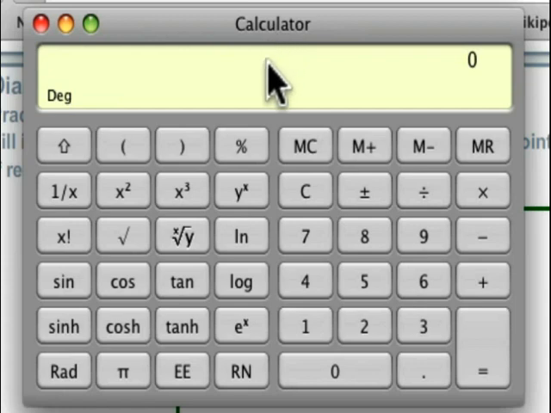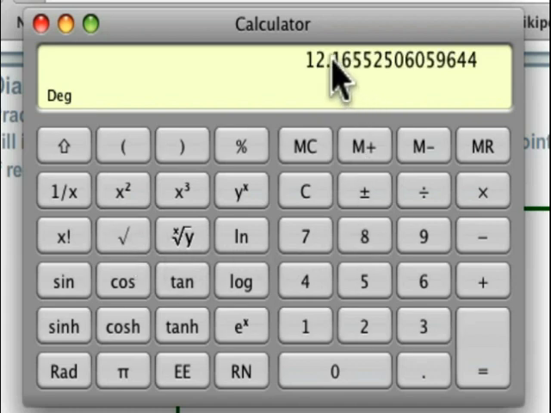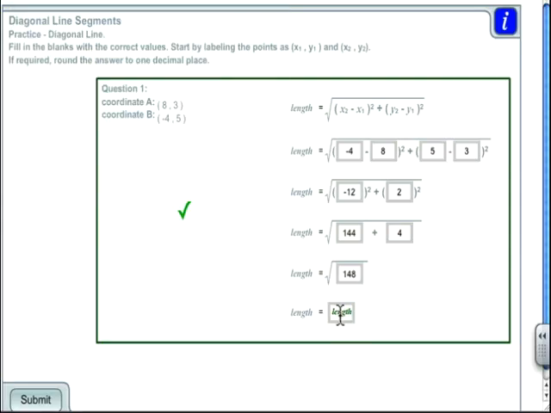Using our calculator, we'll type in 148 and then press the square root key, giving us an answer of 12.165. So let's type in an answer of 12.2, rounding to 1 decimal place. And we see that we have the correct answer.